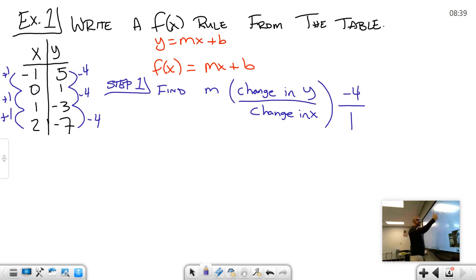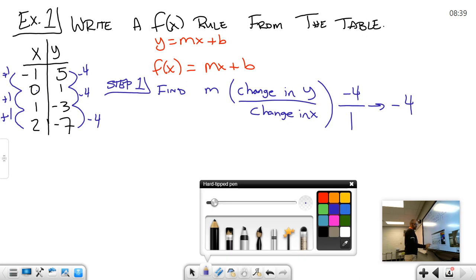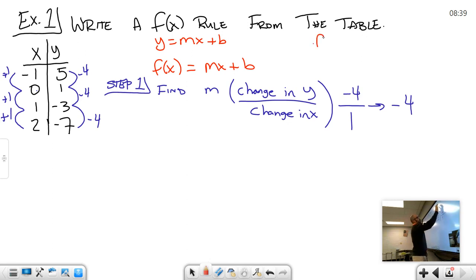So negative 4 over 1. Now you don't have to have it as a fraction unless you can't reduce it. Can negative 4 over 1 reduce? Yes. It just reduces to negative 4. So if I look at my f of x equals mx plus b, let's write that over to the side.